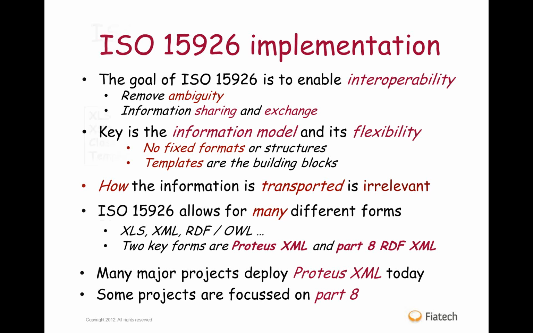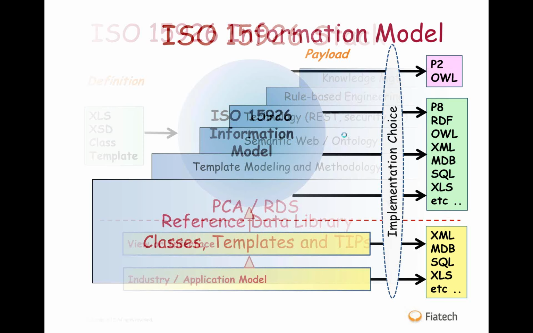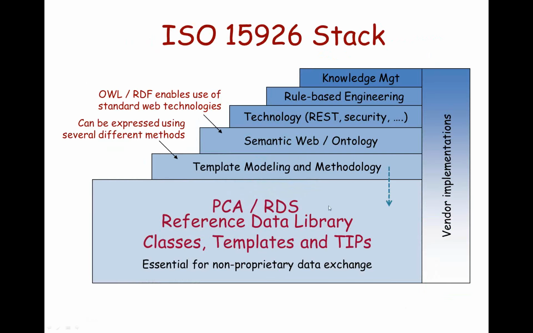So just to give you the overview here, we can define the model for the classes and templates in different ways, and the payload can be in several different forms. So it's an implementation choice, but the information model, the information that you're carrying, is the same. If we look at the evolutionary stack, the absolute base backbone of everything is the reference data library.